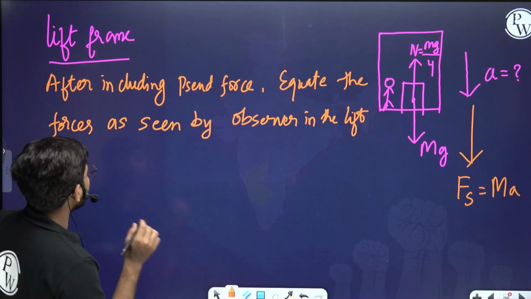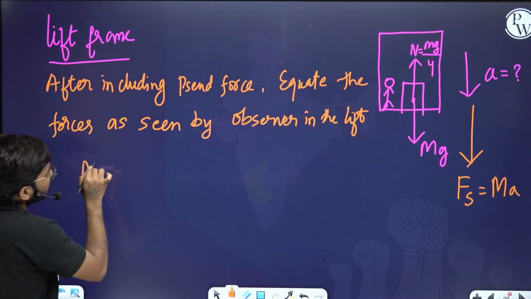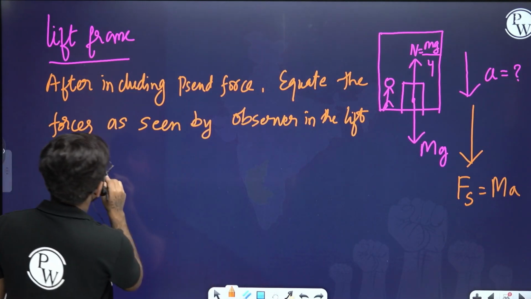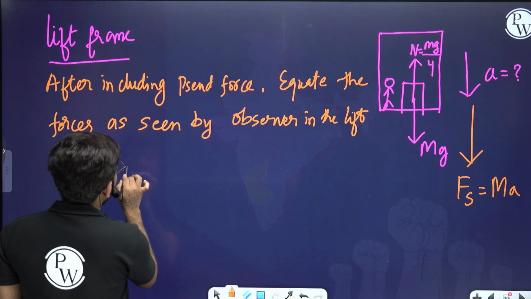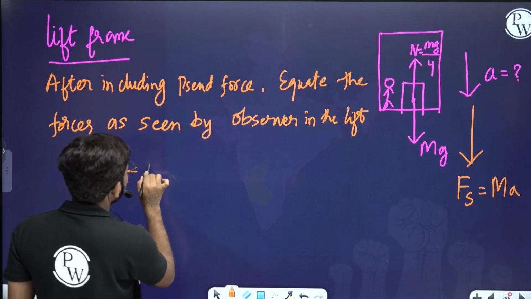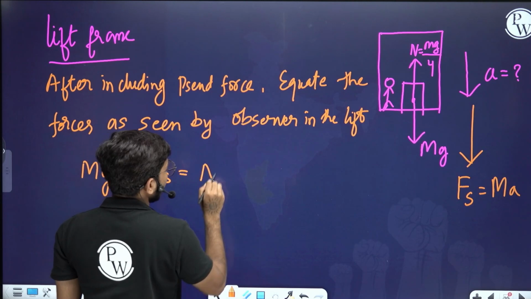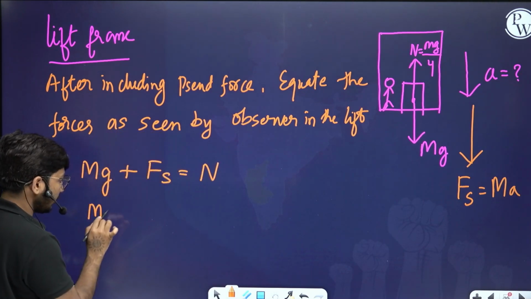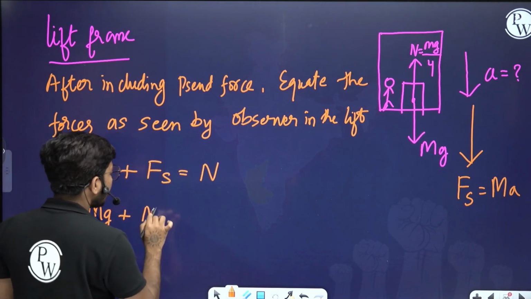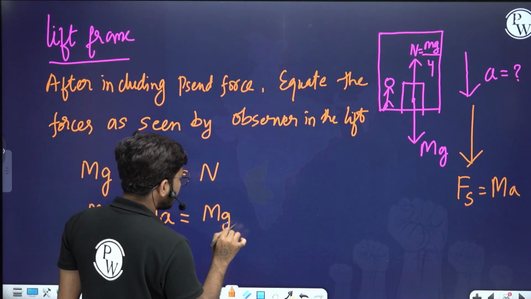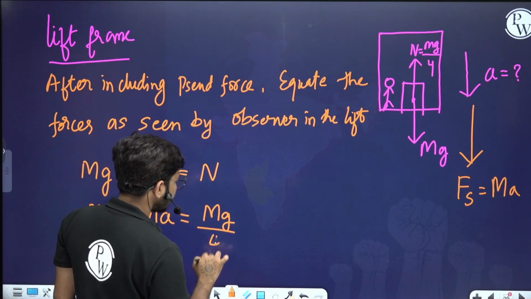But we included pseudo force, so we are considering it. So mg plus pseudo force equal to normal reaction, right? Pseudo force is m into a, and this one is mg by 4.